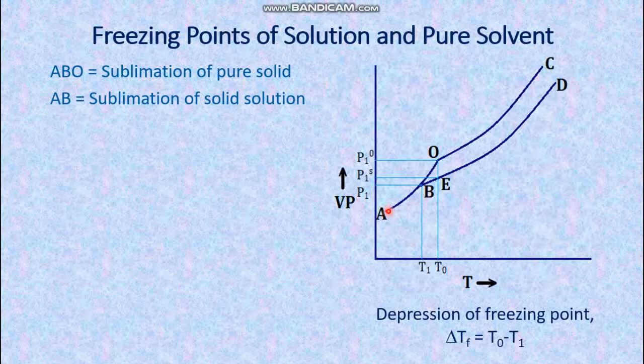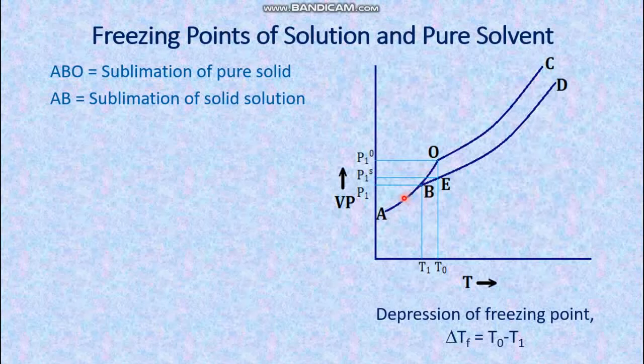But in case of solid, if the solid is made from the pure substance or from the solution, in the solid form it doesn't matter, and its vapor pressure would remain unaffected by being impure. So the vapor pressure curve of the solid, whether in the pure form or the impure form, would remain unchanged.